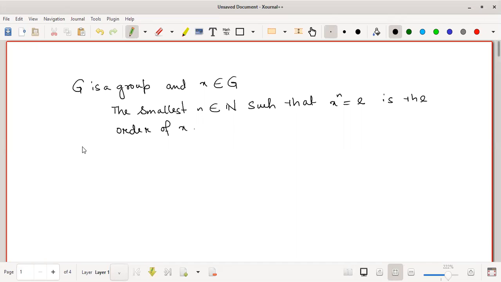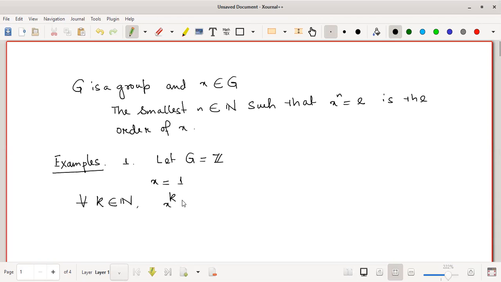Okay. So example number one. Let G equal to Z. Now, if you take x equal to 1, then for all natural numbers k, what is x to the power k? x to the power k is 1 plus 1 plus, because it's an additive group of integers.